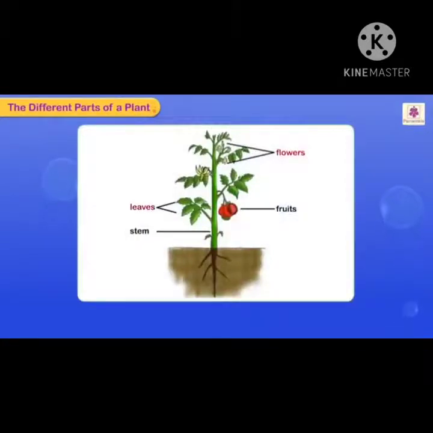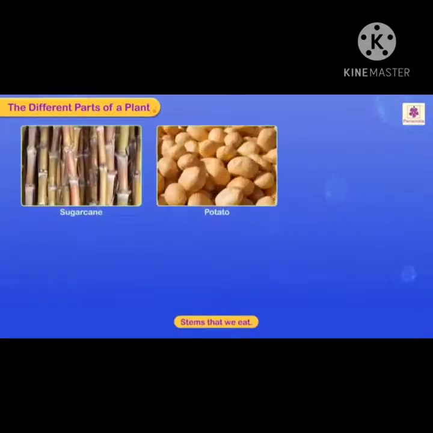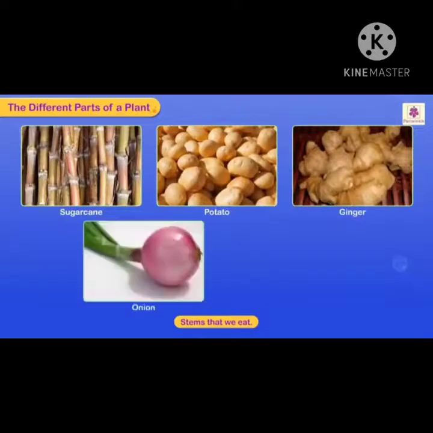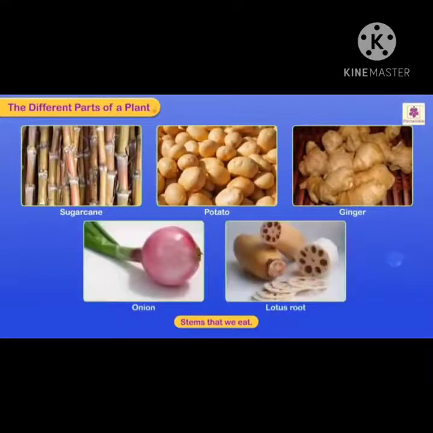Flowers, leaves, and fruits grow on the stem. Sugarcane, potato, ginger, onion, lotus root are stems that we eat.